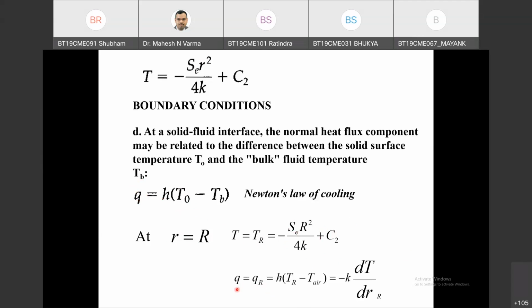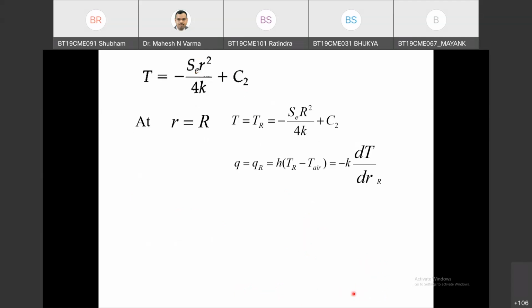And using this, flux at the surface will be QR, that will be h(TR minus TA), which equals minus k dT/dr at R. So that flux profile you have, or you can differentiate this equation, dT/dr multiplied by minus k. So what will you get?